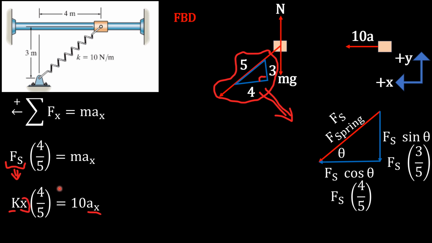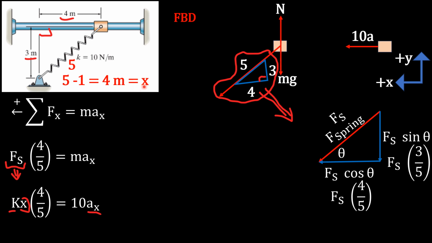To do that, we need to solve for our x value. From this right triangle, we'll use the Pythagorean theorem, taking the square root of 3 squared plus 4 squared, and we get a length of 5 meters. So this is the unstretched length. And we're told the stretched length is 1. So 5 minus 1 gives us what? 4.